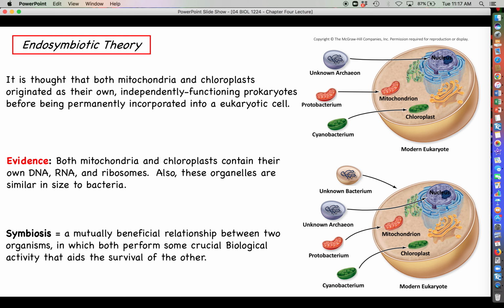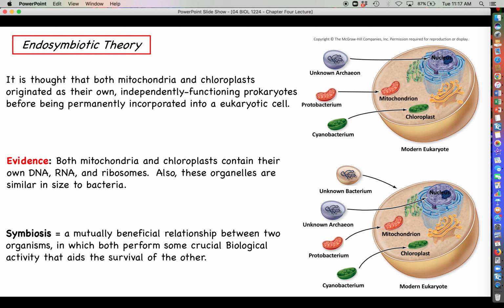Endosymbiotic theory is an idea that potentially explains this. The idea is that mitochondria, chloroplasts, and maybe even the nucleus, these individual organelles, so forget about the whole cell, we're just talking about the organelles, actually have a lot in common with prokaryotic organisms. Both the mitochondria and the chloroplasts are about the same size as a prokaryotic organism. They've got their own DNA and RNA, they've got their own ribosomes.